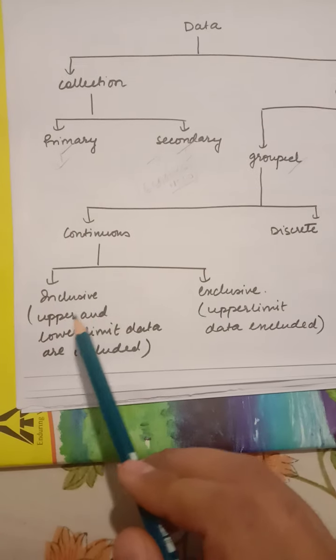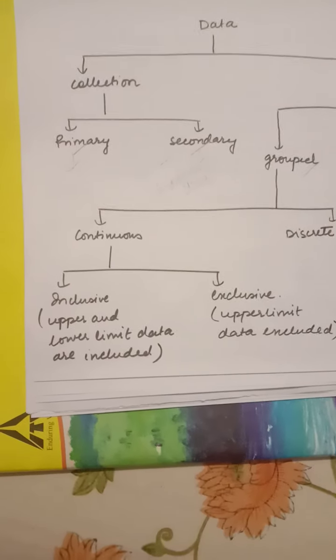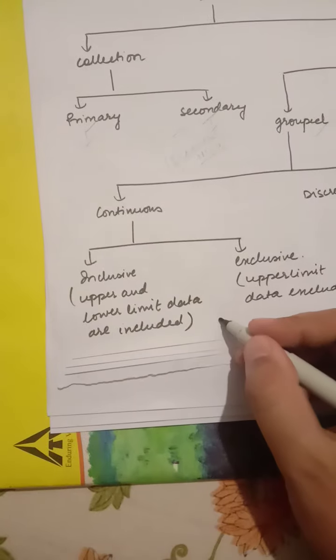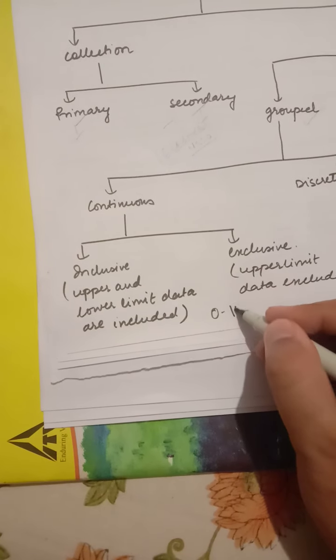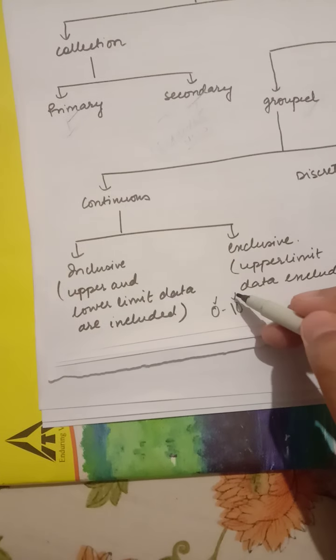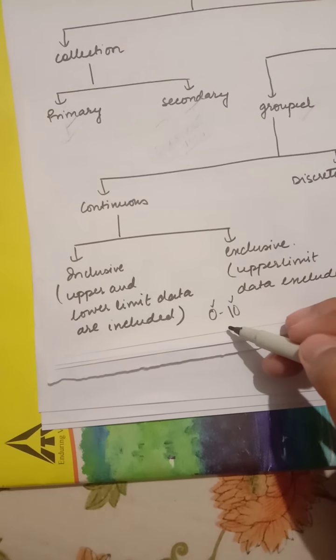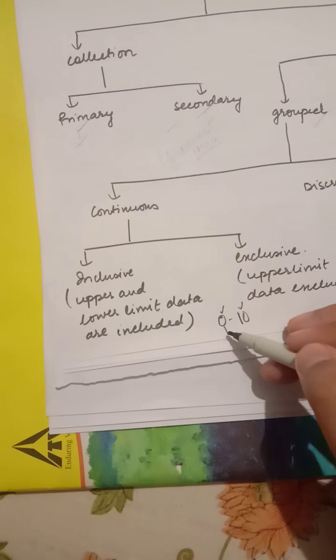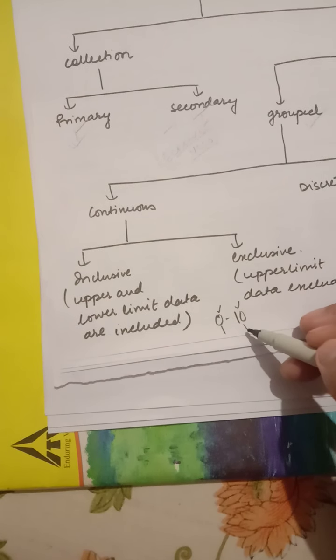In inclusive series, for example 0 to 10, this part and this part both are included. It is called lower limit and it is called upper limit.